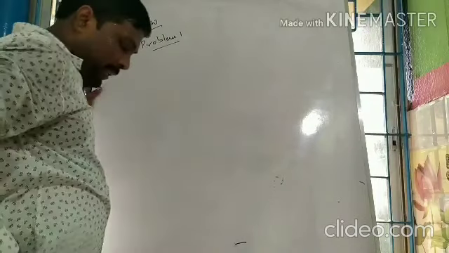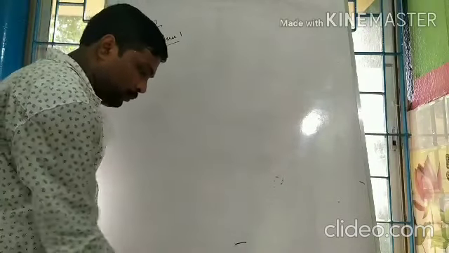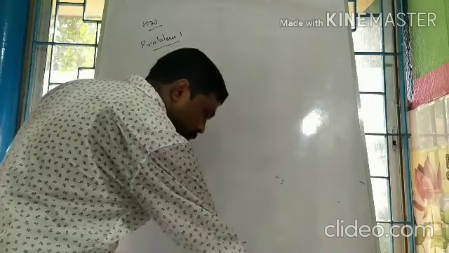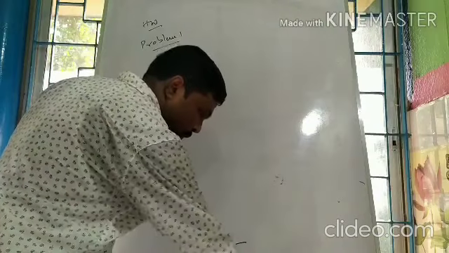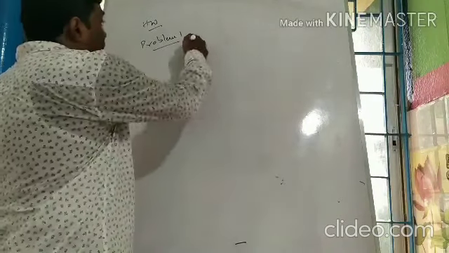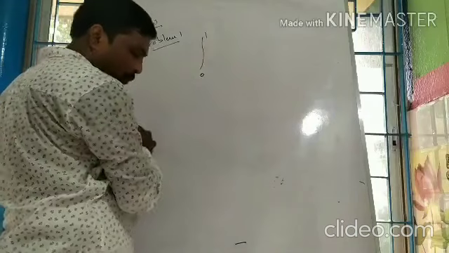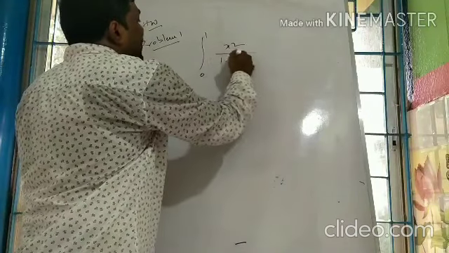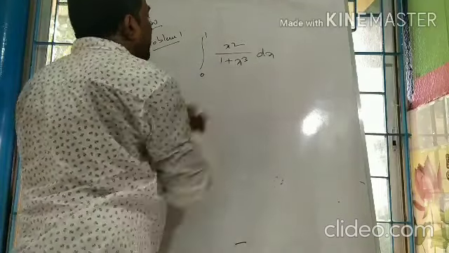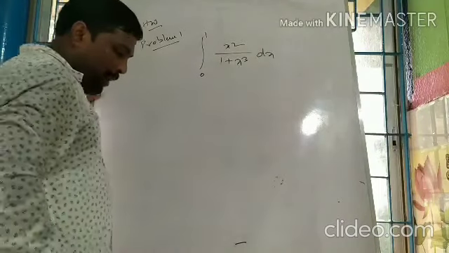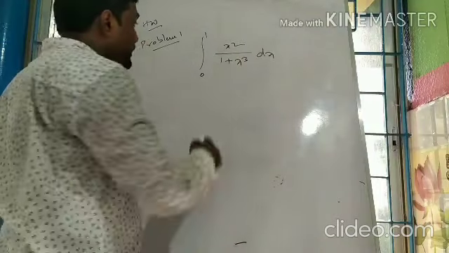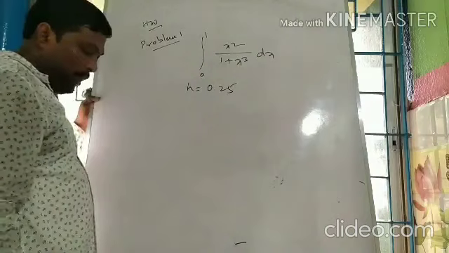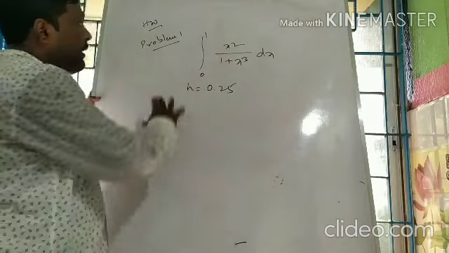Compute the integration from 0 to 1 of x square by 1 plus x cube dx using Simpson's 1/3 rule. Take h equals 0.25.